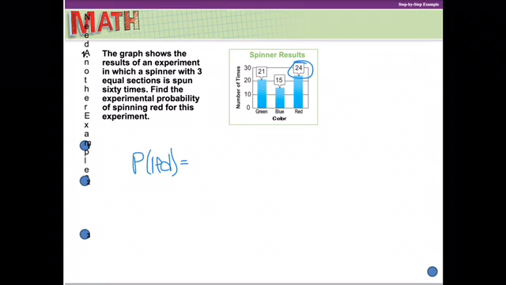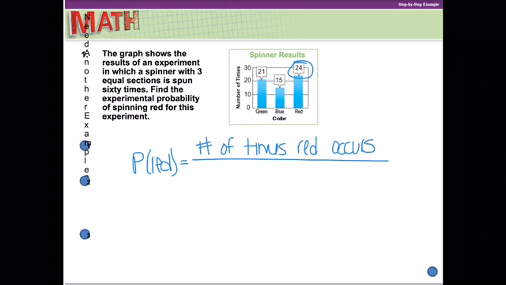So that will be the number of times red occurs over, it's always going to be our total possible outcomes. So that would be our total spins.